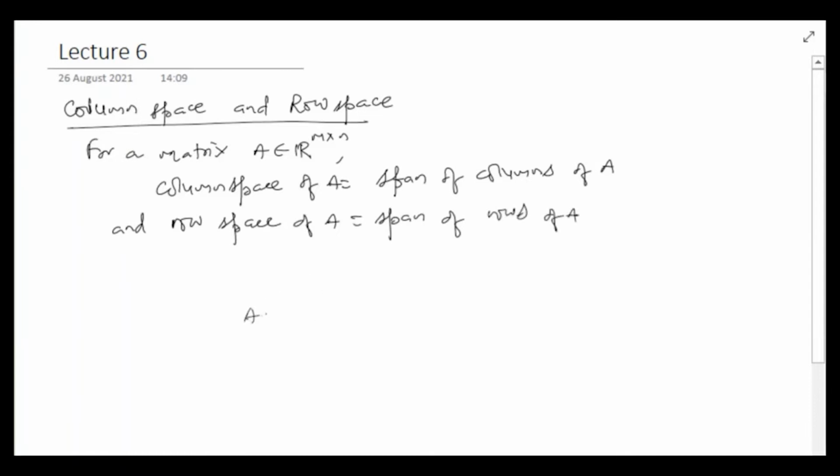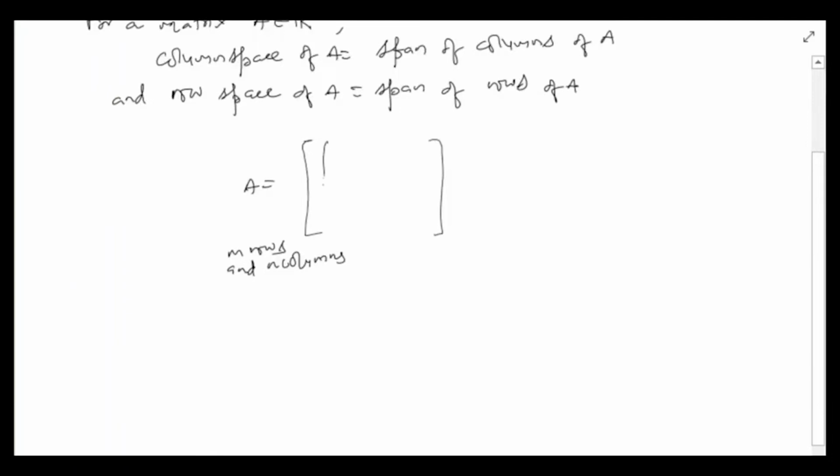What we mean is that if A is an M cross N matrix, it has M rows and N columns. Each of its columns is a vector in Rm, and there are n such vectors.